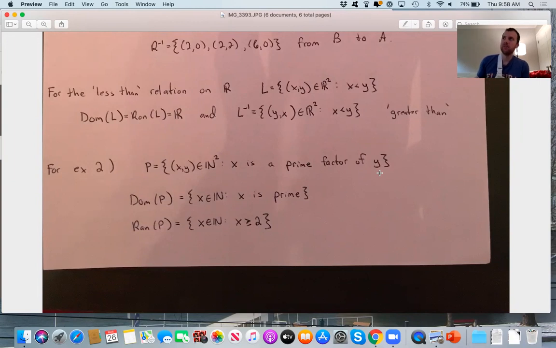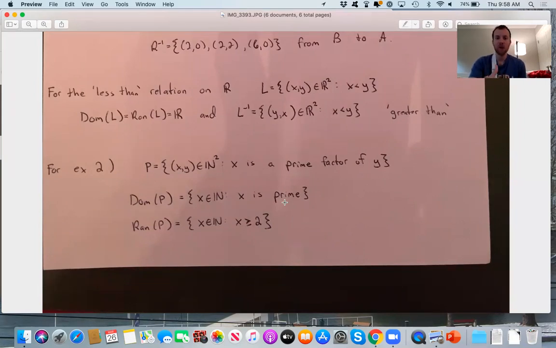Or I guess that's not right. What I want to say is, to be in there, you have to be prime. If you're composite, you are definitely not a prime factor of anything. But also, every prime does appear as a first coordinate. In particular, every prime number is a prime factor of itself.